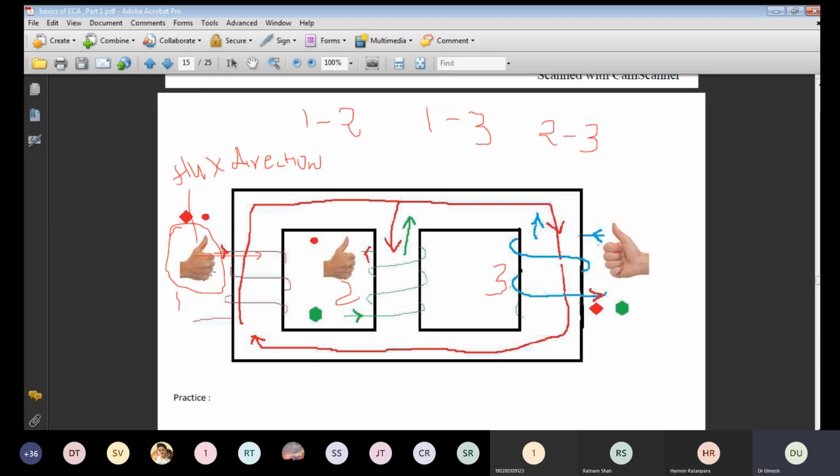Suppose this finger shows the direction of winding. It comes from the upper side and goes downward. Here is also the same case. It comes from the upper side and goes downward.